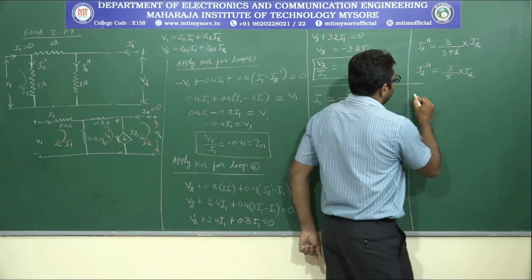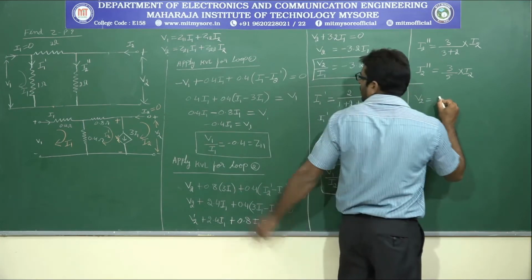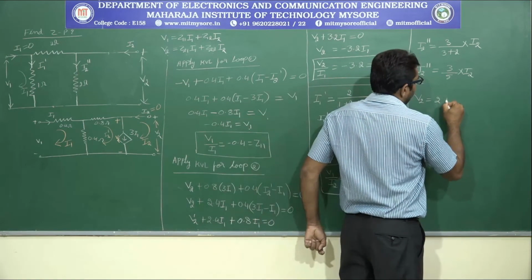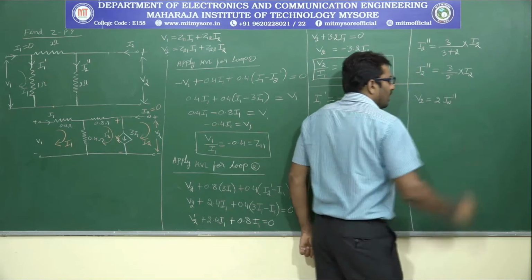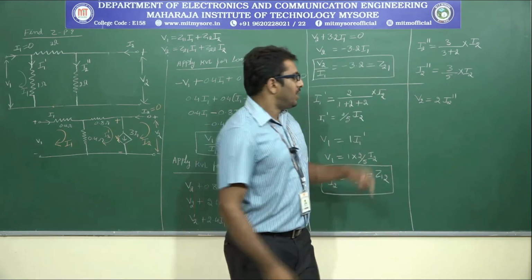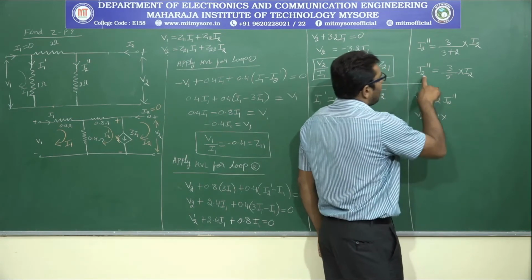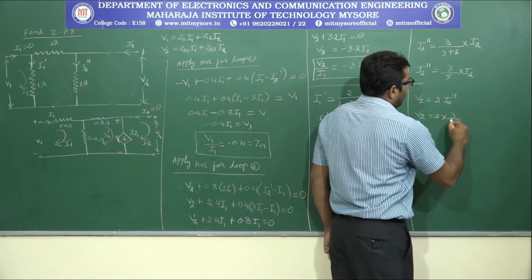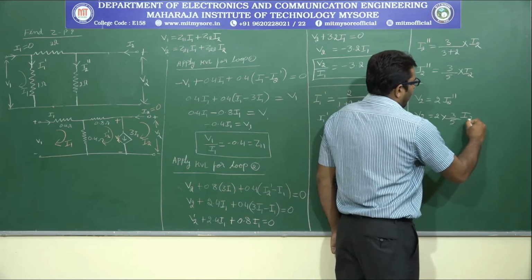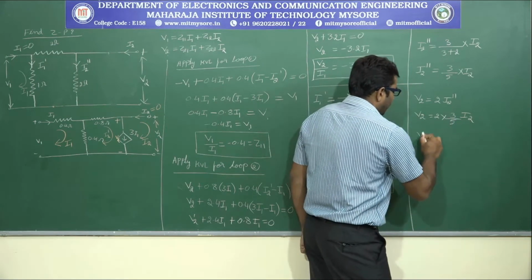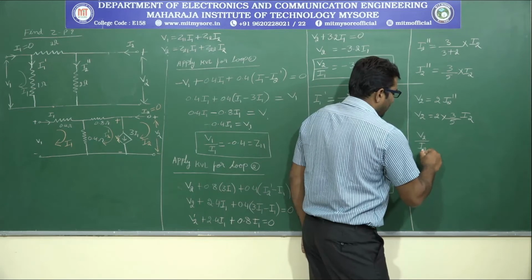Therefore V2 is equal to, what is the resistance value? 2 into, what is the current flowing through that 2 ohm resistor? I2 double dash. Therefore V2 is equal to 2 into 3 divided by 5 into I2. Next, what is V2 by I2?